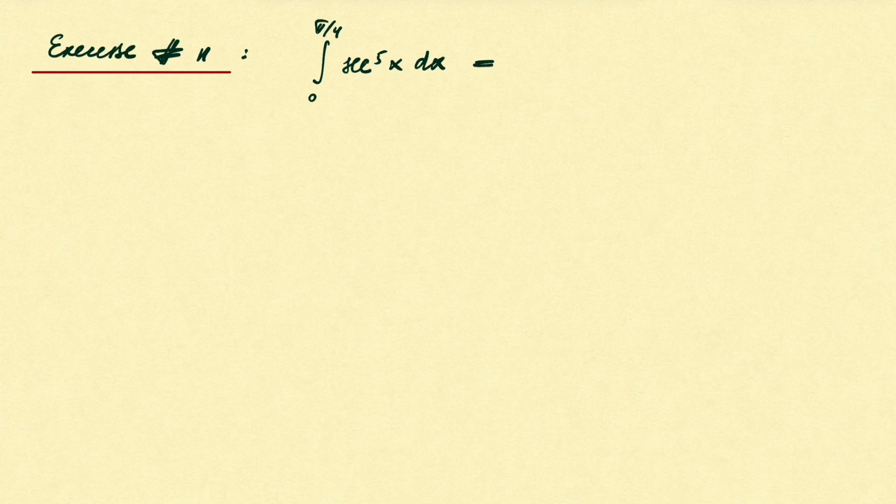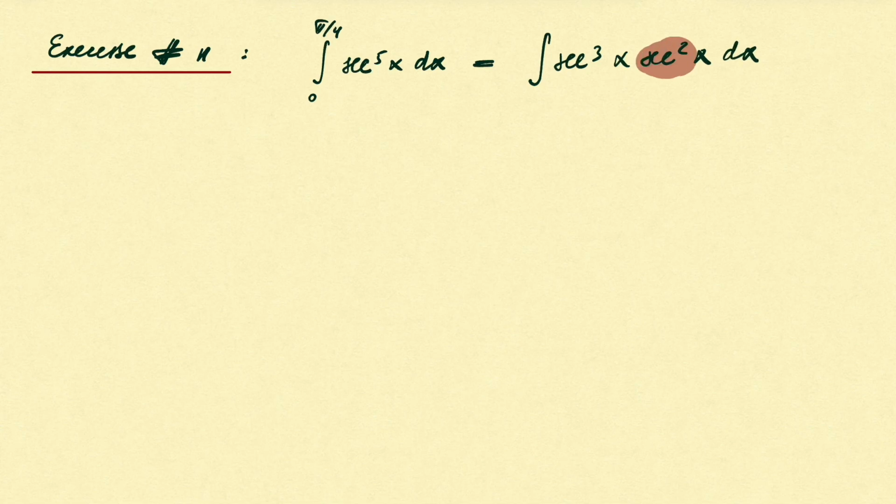Alright, moving back to our problem, we have secant to the 5 of x dx. How will we approach this problem? First, let's see what we can do here. We have secant to the 5. We can write secant to the 5 as secant cubed x times secant squared x, so that then we can use integration by parts, right?